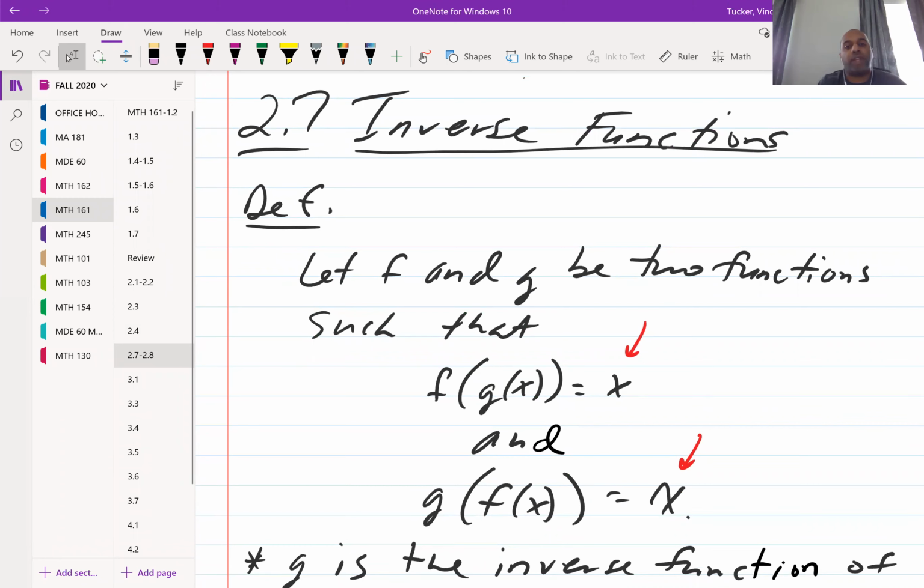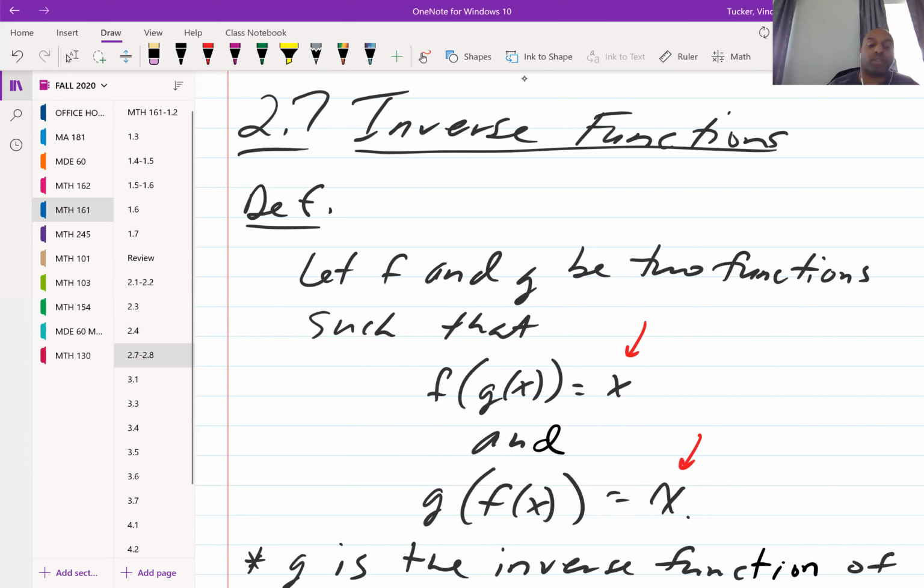So you let f and g be two functions such that f of g of x, in other words, when you take g and plug it into f, reduces down to just x. And then when you take f and plug it into g, it reduces down to just x. So both of those have to occur if they're going to be inverses.